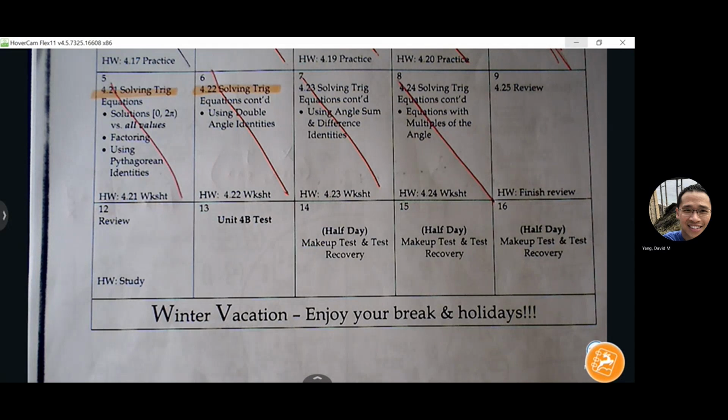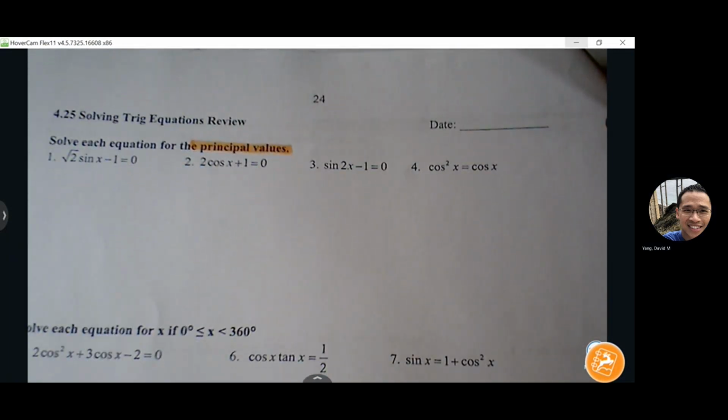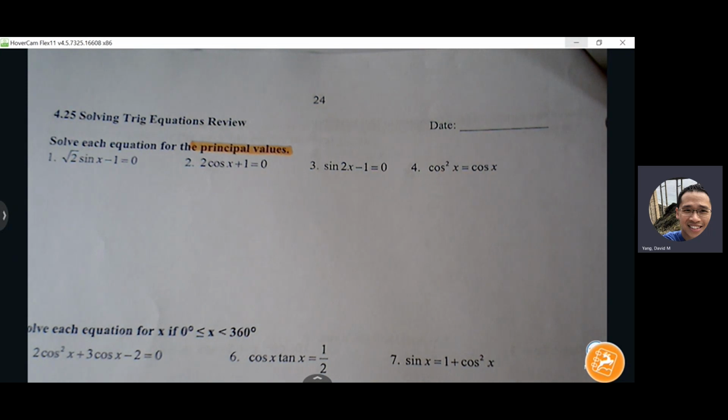So, page 24. And so I think we got through number 8, right? And we did 1 through 8.